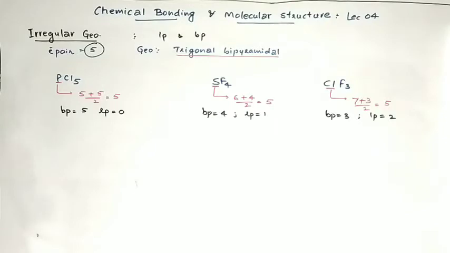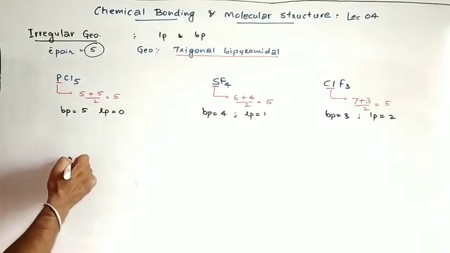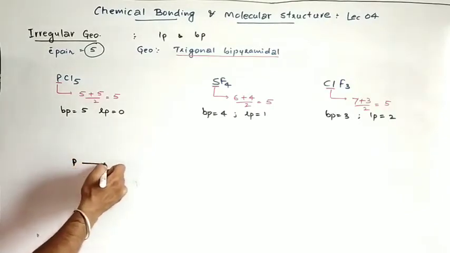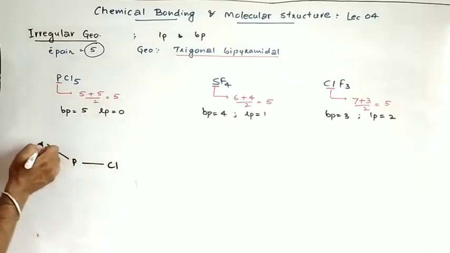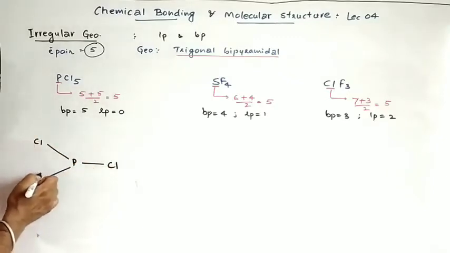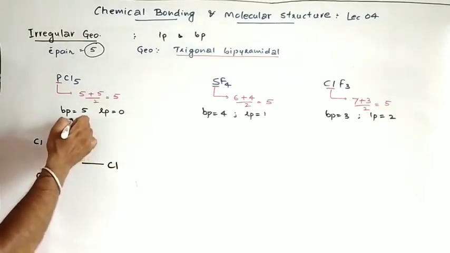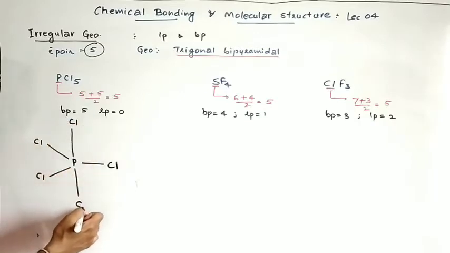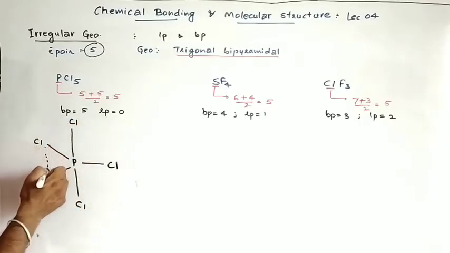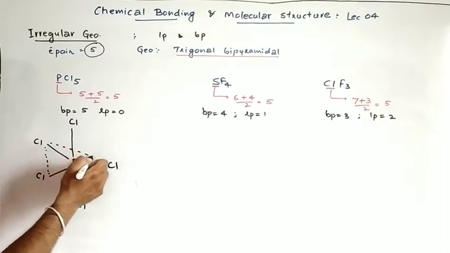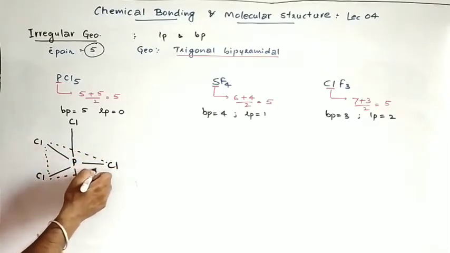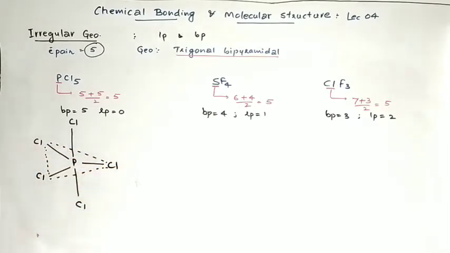So the structure of PCl5 we already know. 3 chlorines are in one plane and 2 chlorines are above the plane and below the plane. The bond angle here is 120 degrees for 3 bonds and 90 degrees also.